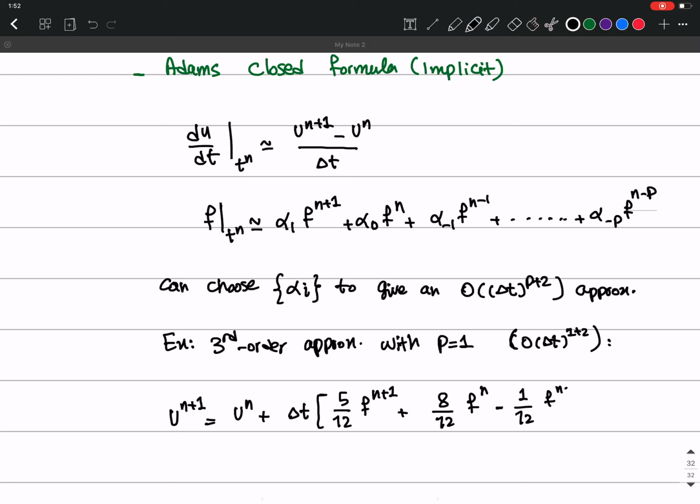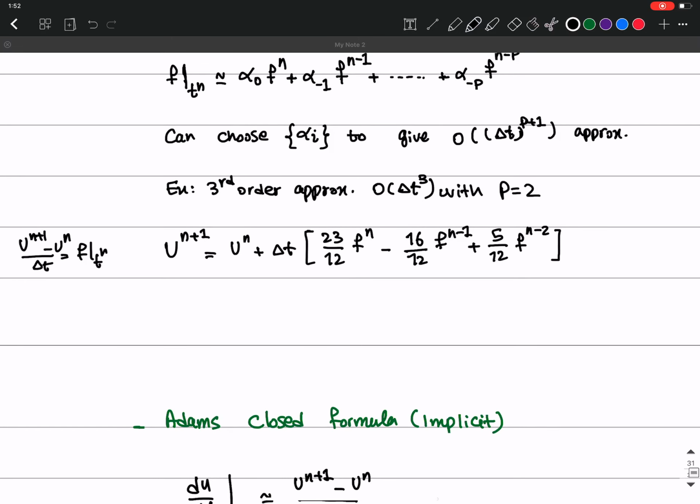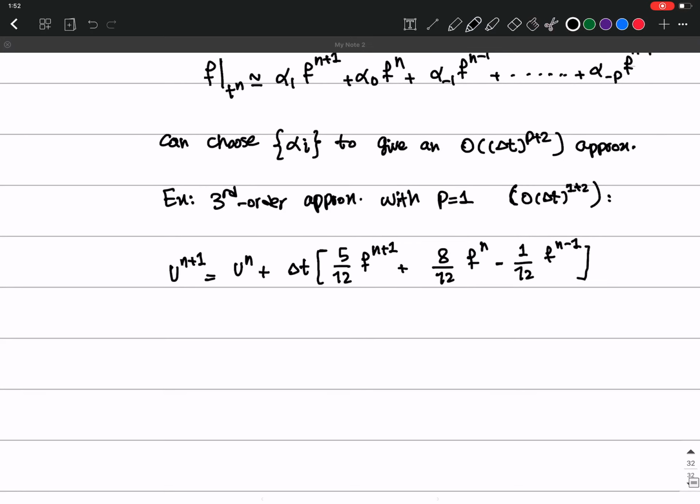Okay, so one thing I want to note is, as you see, both of these, let me see. The coefficients here are going to sum to 1. 5 over 12, 8 over 12 is 5 plus 8, 13, minus 1 is 12, over 12 is 1.